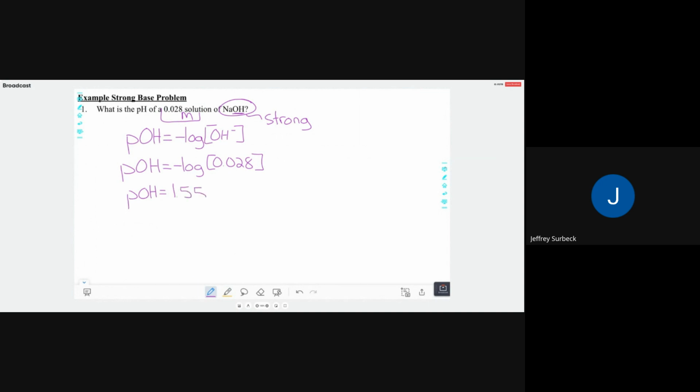1.55. We plug that back into the formula we started a couple pages ago, where 14 equals pH plus pOH. Do we know the pH yet? No. So we say 14 equals pH plus that number we just found, 1.55.